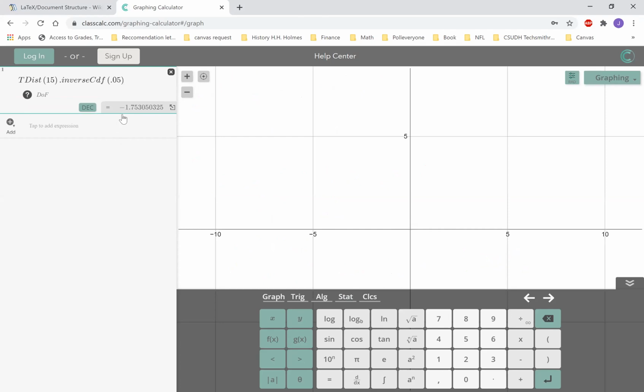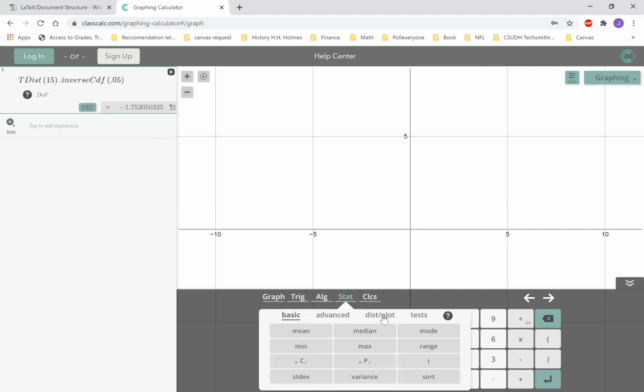If you look at it, we get negative 1.75, but like I said before, always make it positive. So we get t is equal to 1.75. All right, everybody good with the 1.75? All right, everybody is good. So let me go ahead and transition over.